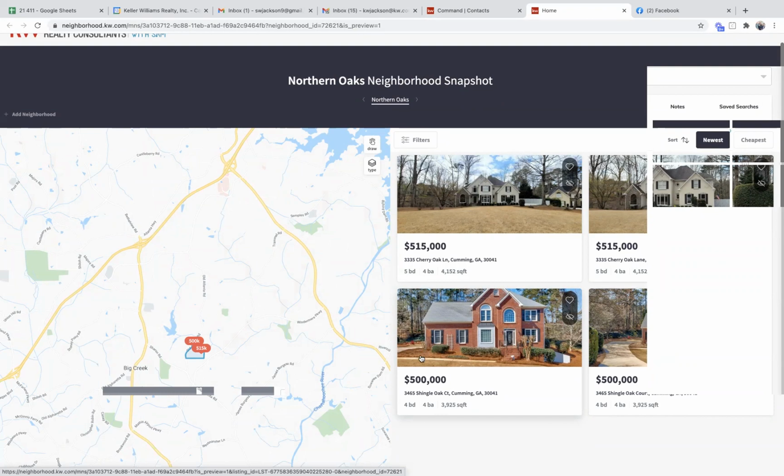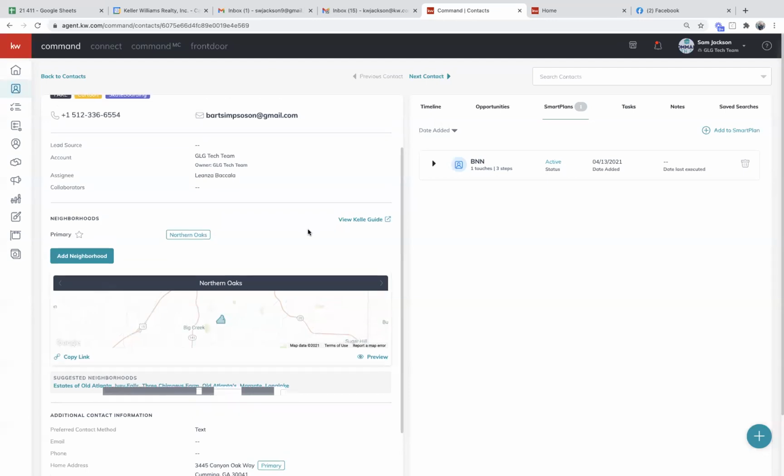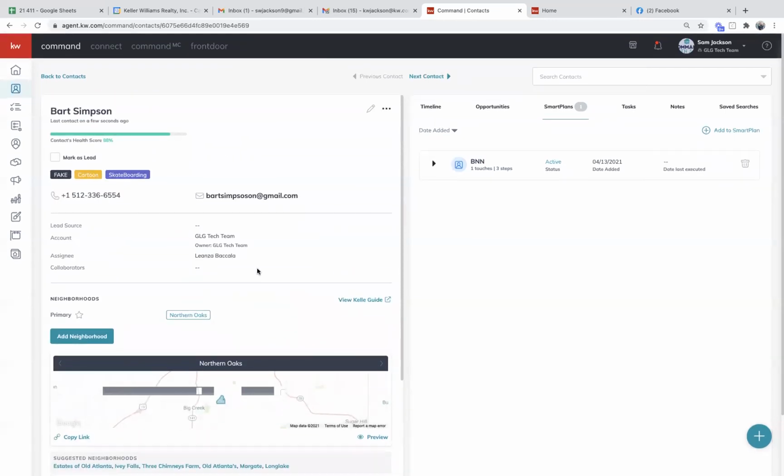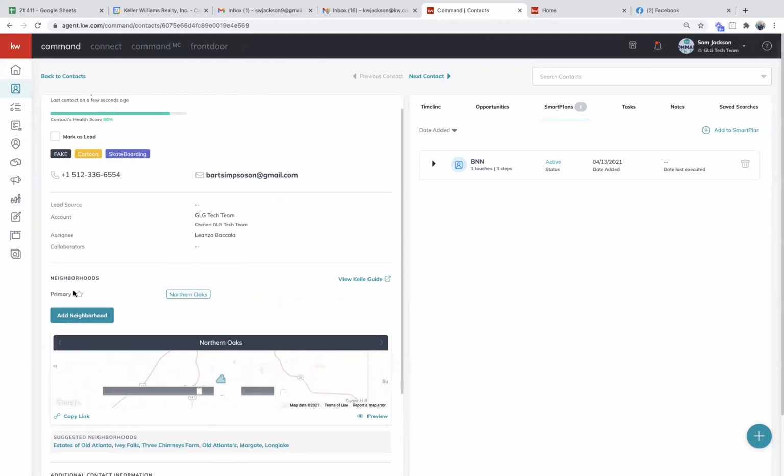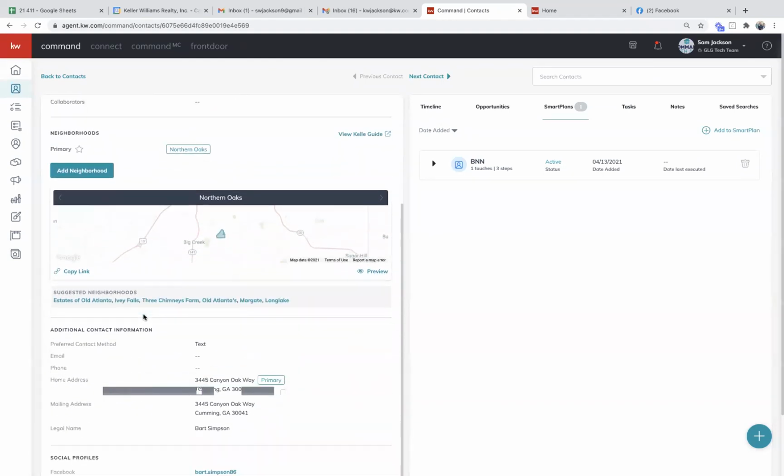If I have lived in Northern Oaks for the last 10 years and I paid $395 for it, this email may interest me in selling my home. I just recently moved here, so this is not helpful for me, but it's still good to know. But again, give that information to Command, and this is what it will pay out to you. I can take that information like Northern Oaks, create smart plans and all kinds of things from it.